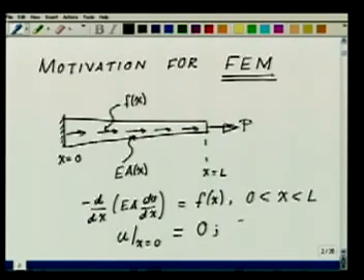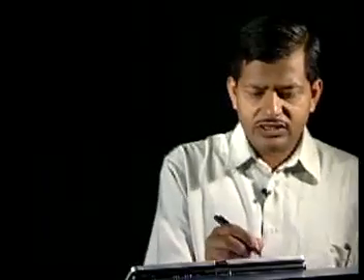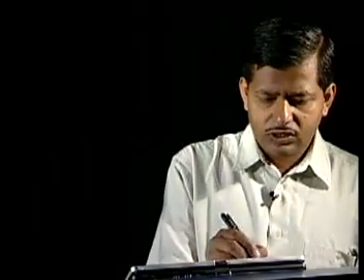And similarly, EA du/dx at x equal to L is equal to P. So these are the boundary conditions for the model problem that we have taken here. Now, what we had done earlier, we had talked about the weighted residual approach.